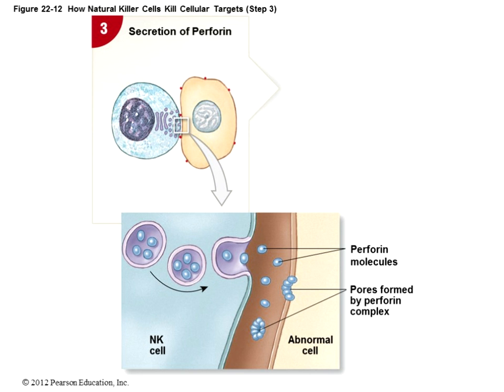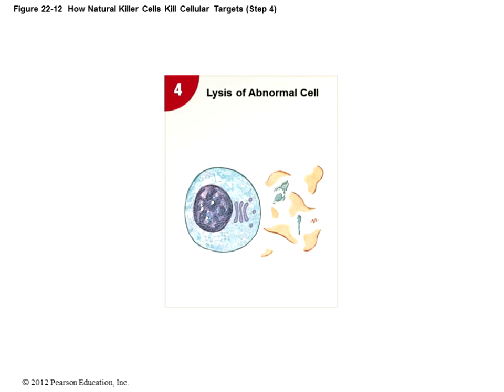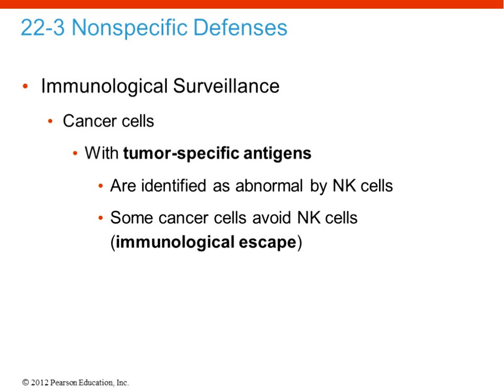Golgi realigns so that these porphyrins can be released via exocytosis, right? And these porphyrin molecules then will attach to that abnormal cell and perform lysis. Lysis is then destruction of that target, right? And so that's how these natural killer cells target and destroy those cells.